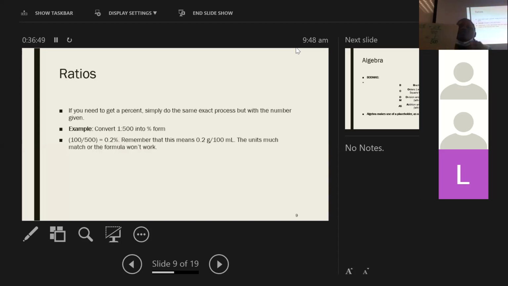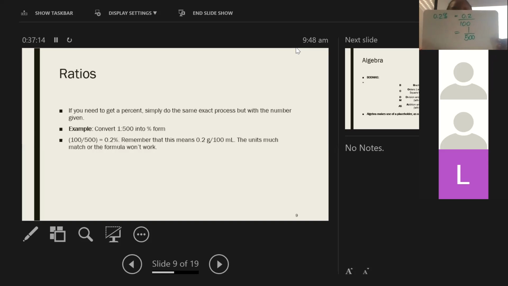Okay, for those on Zoom, I see everybody got it wrong. What I basically just did is worked backwards. 0.2% is 0.2 over 100. Divide like that, then you get 1 over 500. Use your calculators.